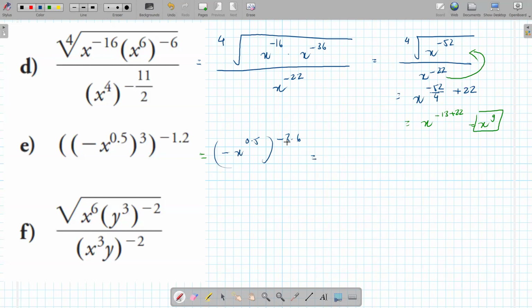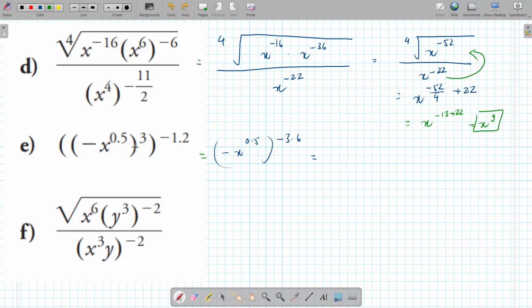Remember this -3.6? Here's a question. Does this 0.5 apply to this, the negative sign? No, it does not. If it was like this, it would.